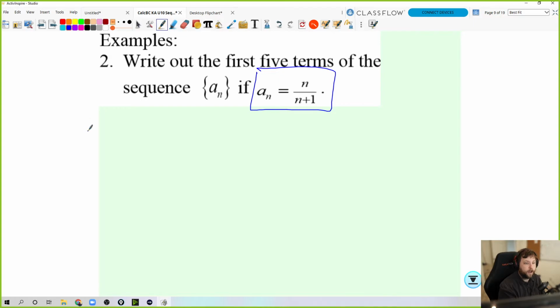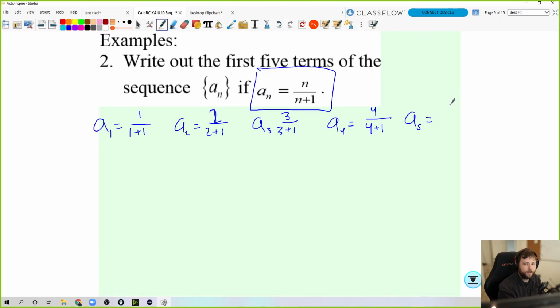So my first term, a sub 1, would be 1 over 1 plus 1. A sub 2, my second term, would be 2 over 2 plus 1. A3 would be 3 over 3 plus 1. A4 is 4 over 4 plus 1.